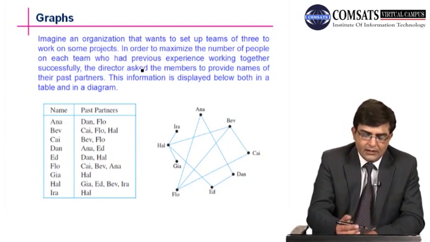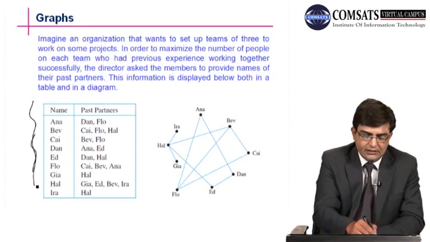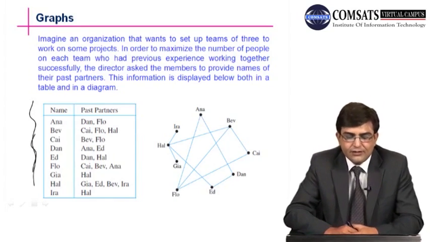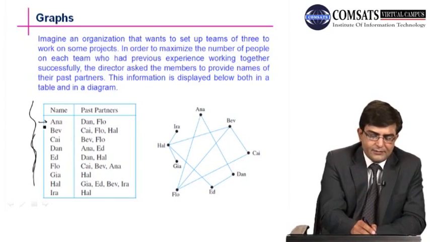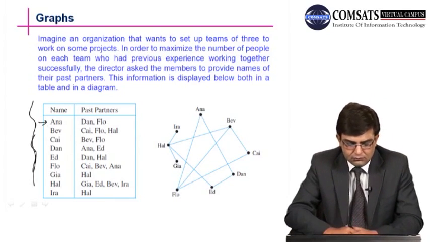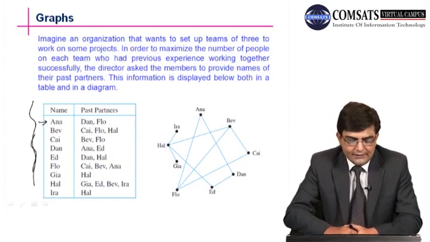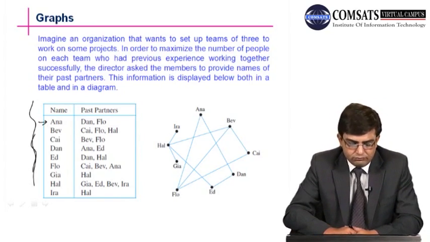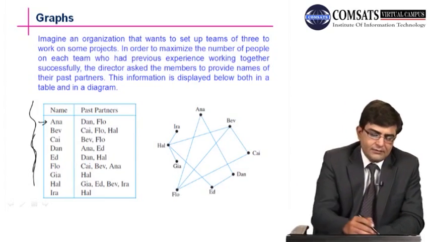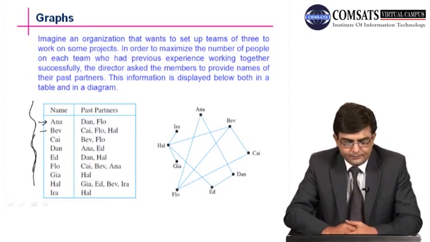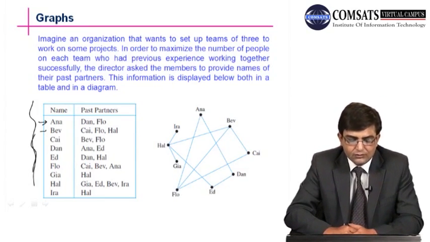Here is a table in which the information given to the director is displayed. In the table, the first person, Anna, has worked on a project with Dan and Flu. The second person, Bev, has worked with Sia, Flu, Hal.